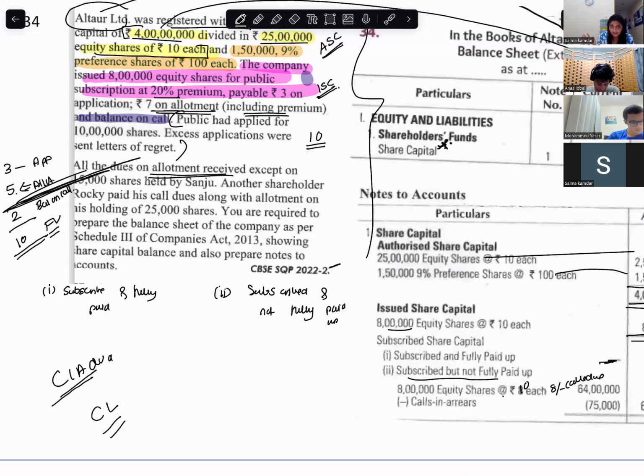Okay. So can you calculate the calls in arrears for me? 15,000 shares held by Sanju. 15,000 shares have been held up by Sanju.